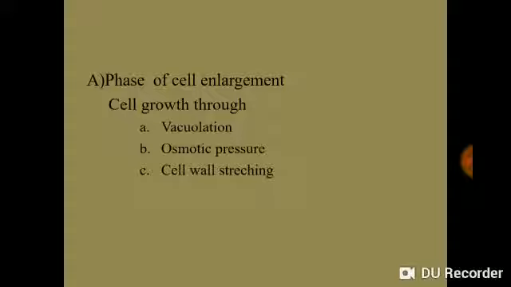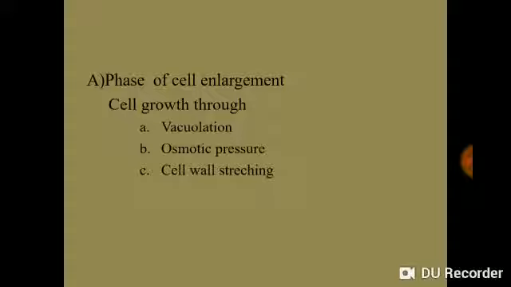A big vacuole develops in the center and it presses the cytoplasm towards the side delimited by the cell wall. Due to this pressure, the cell wall gets stretched and new cell wall material is added to the existing material to adjust to this enlargement.